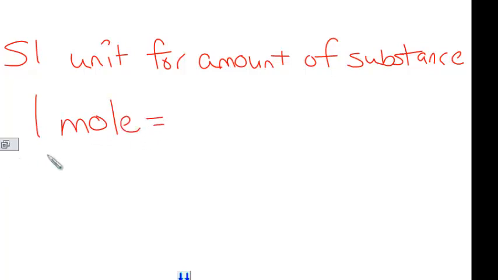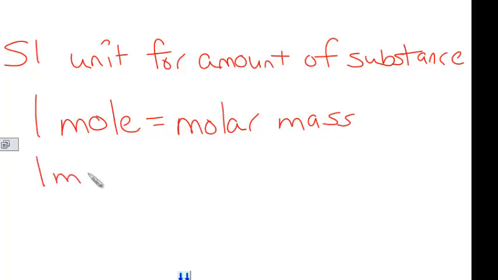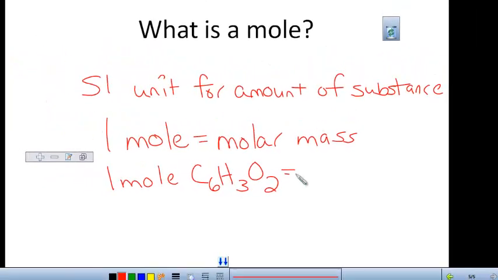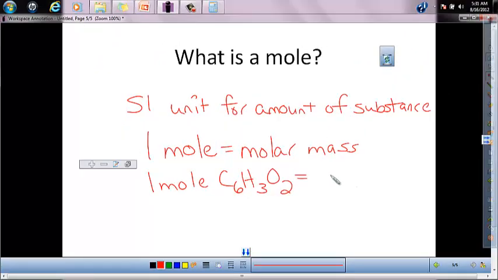Okay, well, what 1 mole tells us is that any compound we pick, 1 mole of it will be equal to the molar mass. Now, what's molar mass? Molar mass is what you just learned how to calculate. It's the mass of the entire compound. So if we wanted to know how much 1 mole of C6H3O2 weighed, okay, what's the molar mass of 1 mole?